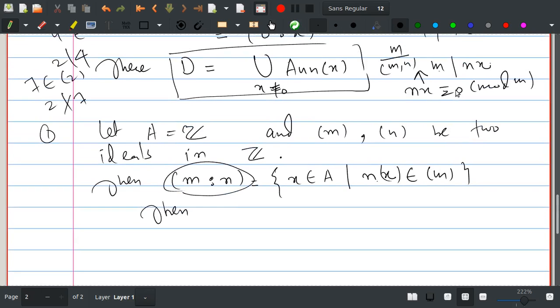Now by this congruence, we note that this is the smallest positive integer which is in this set, which is an ideal. So then M colon N is the ideal generated by this number here, M divided by GCD of M and N.